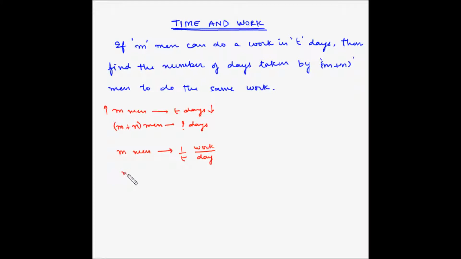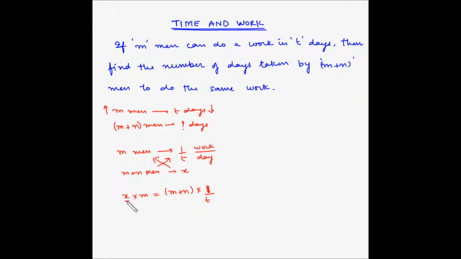So what will be the work per day for m plus n men? Let's say this is x. Now we can do cross multiplication because this is a direct proportionality. So x multiplied by m is equal to m plus n multiplied by 1 by t.